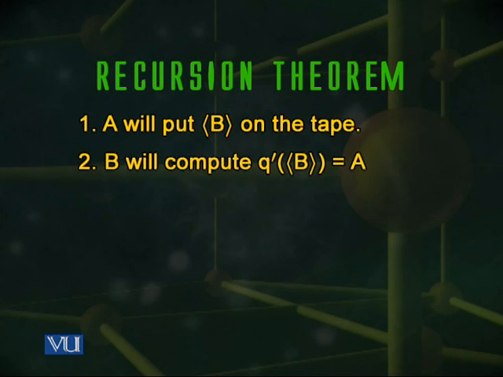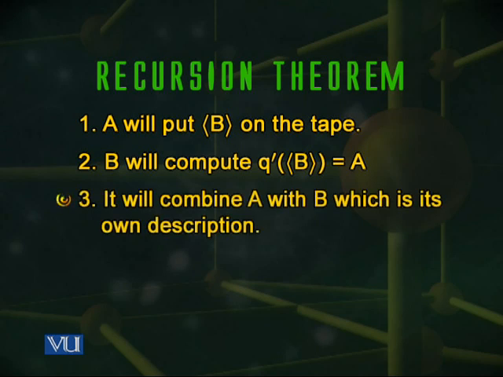B looks at its input, it ignores the string, but it looks at the description that it got and then computes Q prime, and thereby it figures out what A is. So it computes the description of A, combines it with its own description, and therefore it's gotten the description of the whole Turing machine.